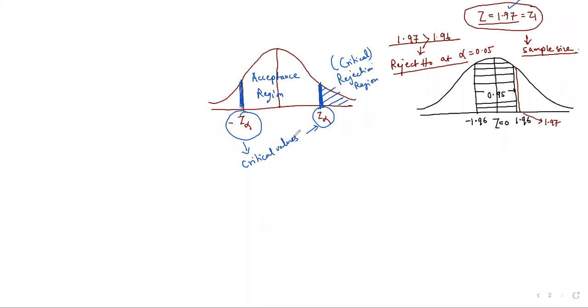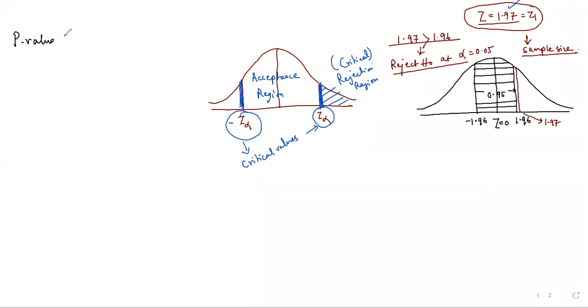Will it give me some value where I can see that the null hypothesis is being accepted? Or is this rejection my error, or is this rejection bound to happen? That becomes a problem with all of us when we do statistical hypothesis problems. To eliminate this kind of doubt from the mind, what statisticians often do is go for the p-value approach.